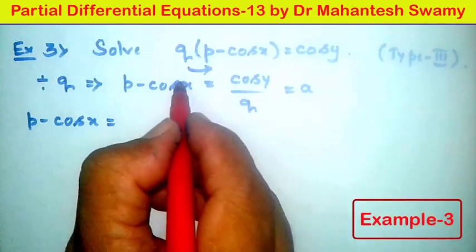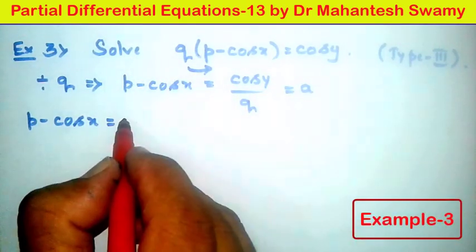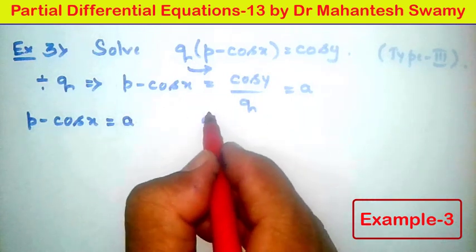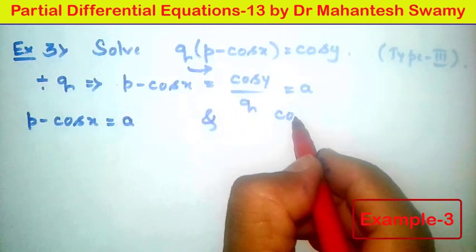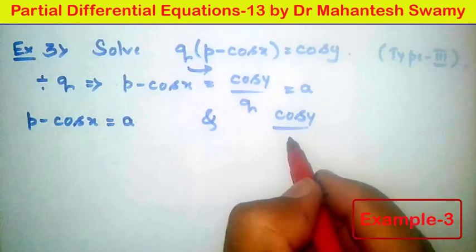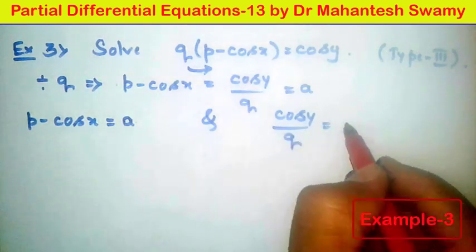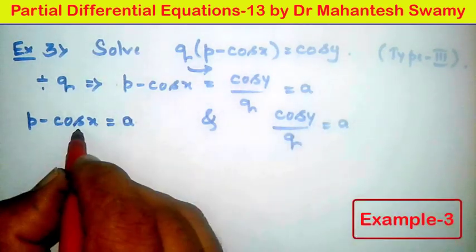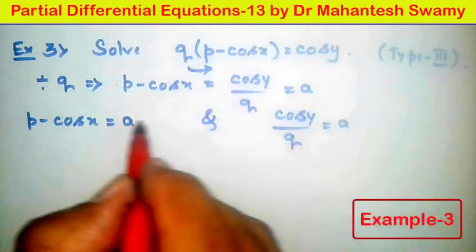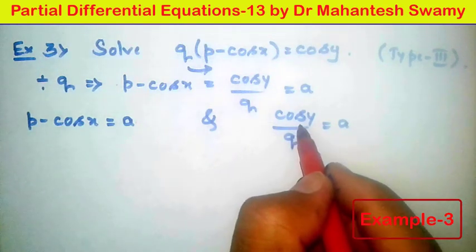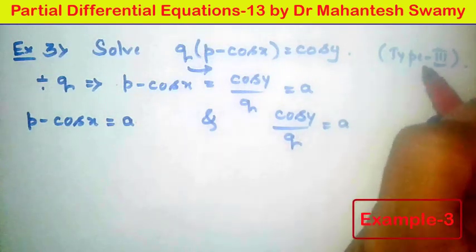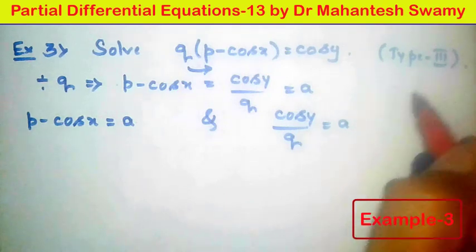We have to consider each side equated to the same arbitrary constant a, and therefore we have cos y divided by q equal to a as the second equation here. This is the first equation, this is the second equation. I request you to please look at the previous video for the method of solution of such type of partial differential equations.